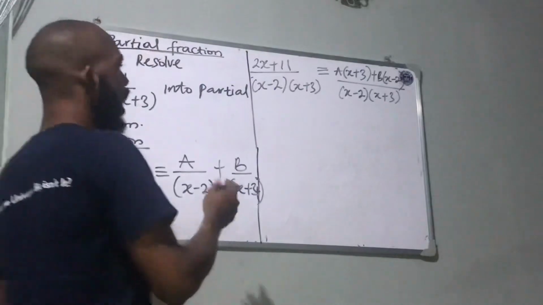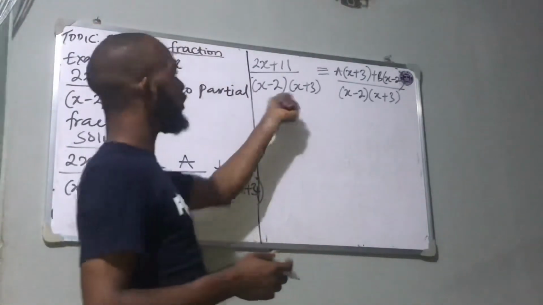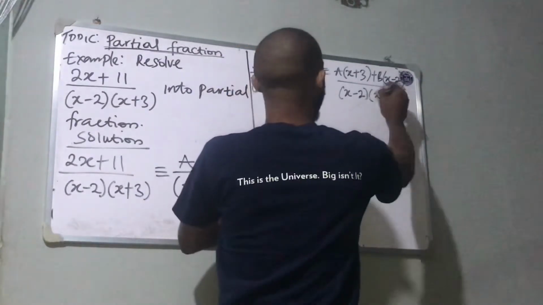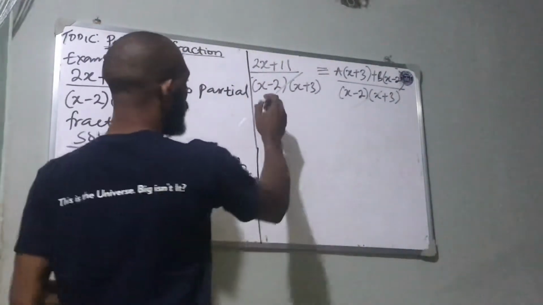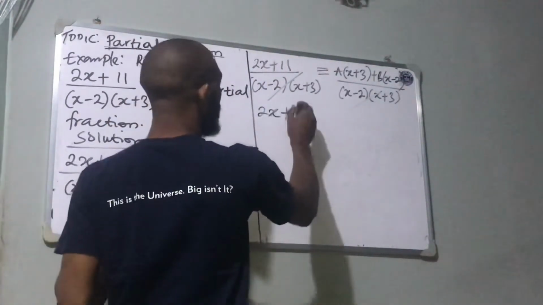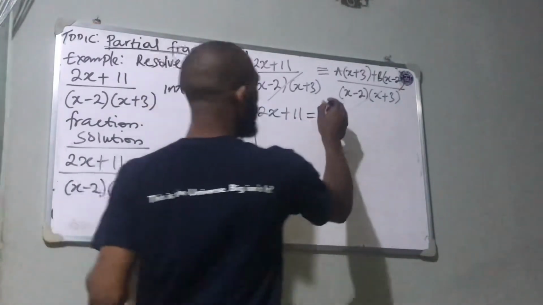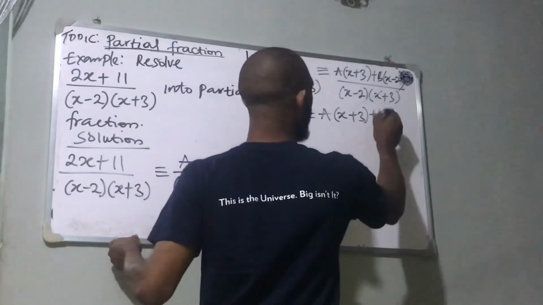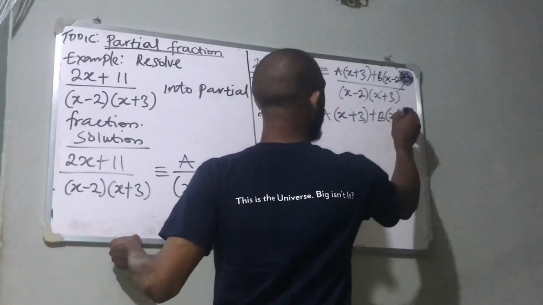Again, you will notice that we have the same LCM, which are the denominator, so I can just strike them out. So I'll be left with 2x plus 11 is equal to a(x plus 3) plus b(x minus 2).